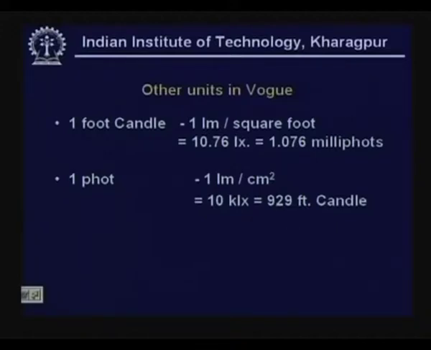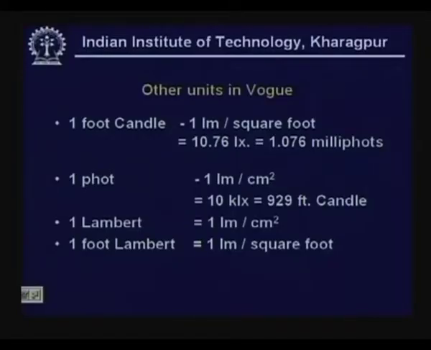If you look at the point effect variation, sometimes if the variation is large over a certain region, it may be necessary for us to look over smaller areas. That is where the phot becomes useful. It is 1 lumen per cm squared, which is nothing but 10 kilo lux. And then you have Lambert. Again, brightness is talked about in terms of Lambert, which is 1 lumen per cm squared.